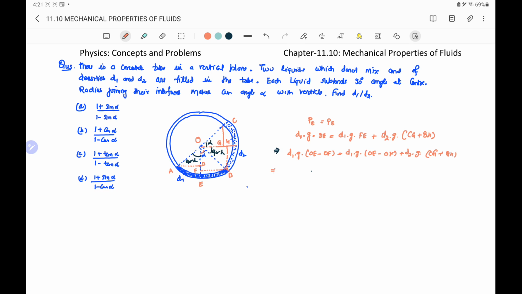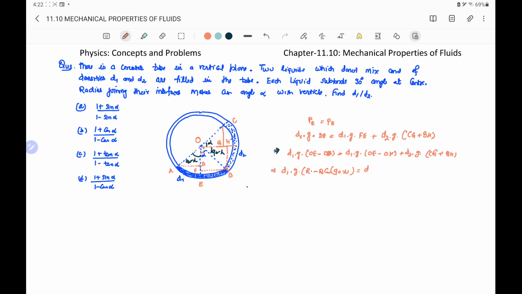Now we put the values. It will be d1 into g into OE, which is R, the radius of the tube, minus OD. So OD is R cos 90 minus alpha.